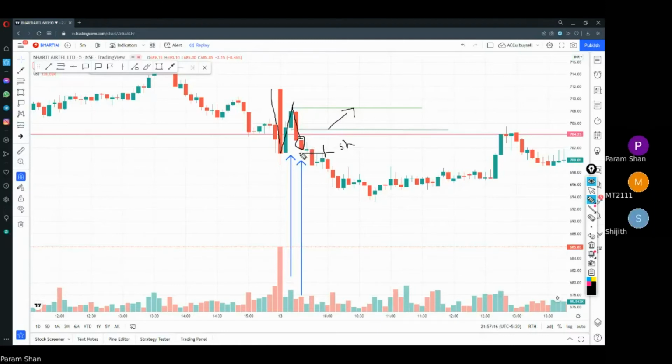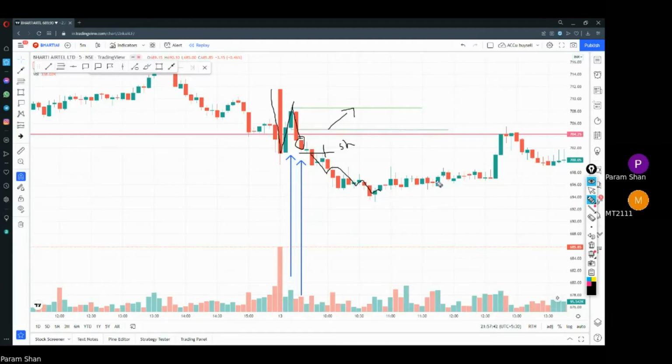So I had already kept a short order in advance, so I have entered. From here, you have to trail your stop loss as the price rallies further. How to identify the target and all, we will see in a separate session, because you need collective confirmations to do that. But for now, you can still consider the volume as a confirmation.